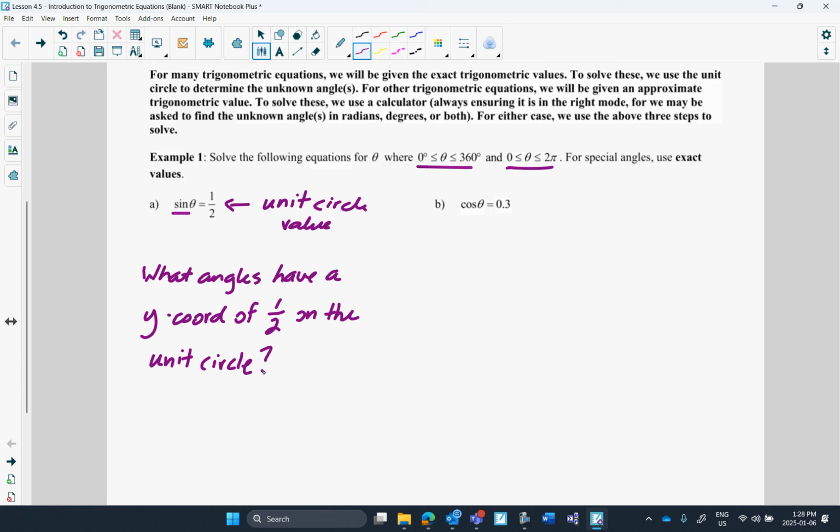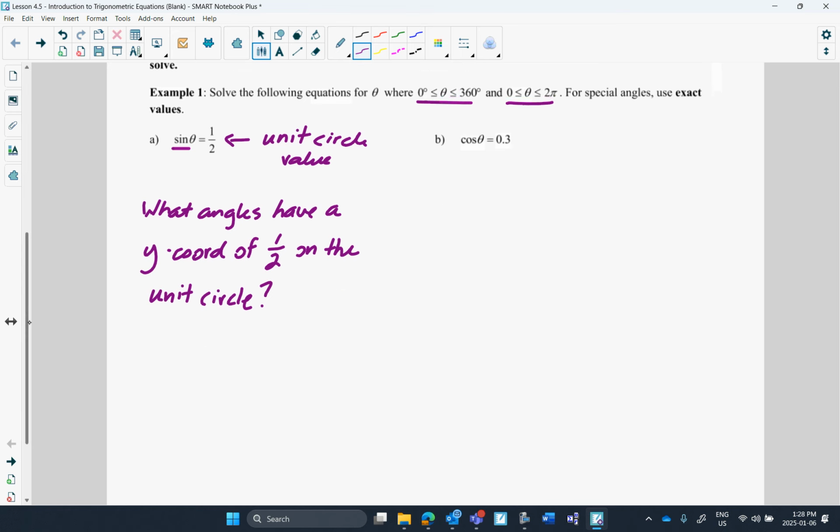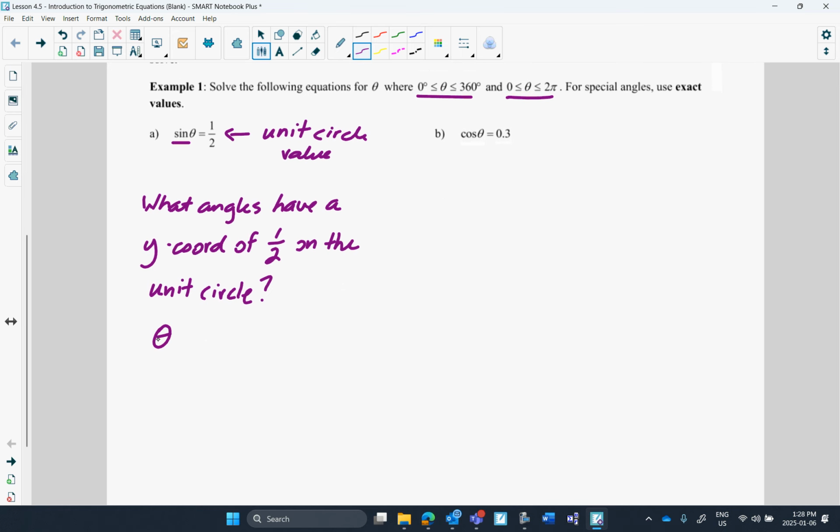So if you go to your unit circle, y is 1/2 at 30 degrees and 150. So that would be the answer in degrees. The sine of 30 is 1/2, but also 150 degrees.